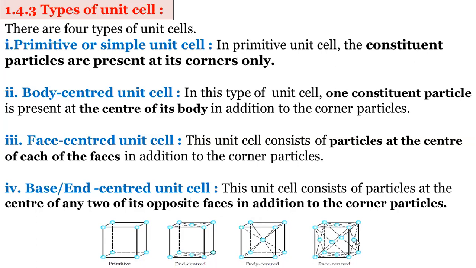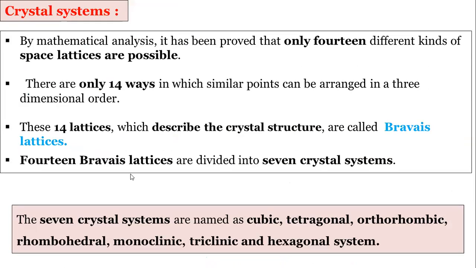And the last one is the base or end-centered unit cell, in which at the center of any two opposite faces there is a particle along with the corner particles. So these are the 4 types of unit cells.